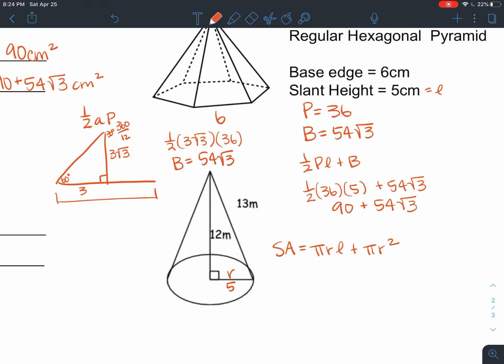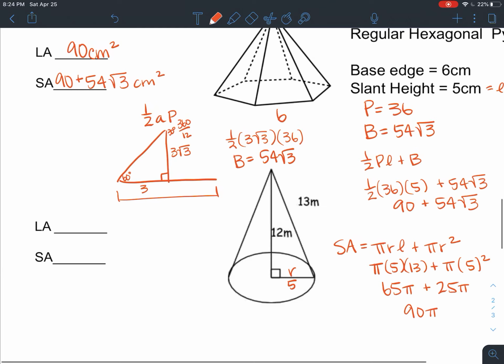And now we have enough to go ahead and get it plugged in. So pi times 5 times 13 plus pi times 5 squared. 5 times 13 is 65, so I have 65 pi plus 25 pi, which will give me 90 pi total.